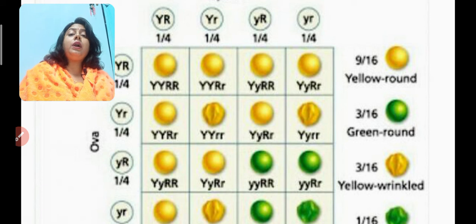And that is why during gamete formation, the allele for the yellow color assorted independently, moved out independently of the allele of the roundness of the seed.